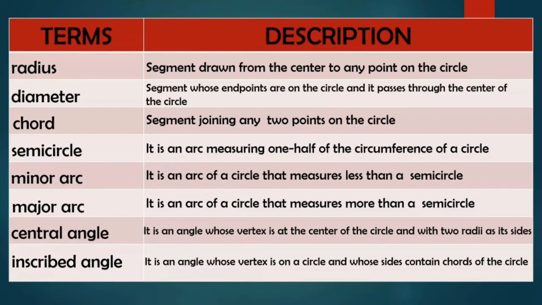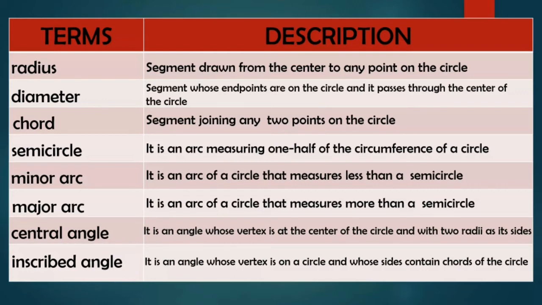A minor arc is an arc of a circle that measures less than a semicircle, or an arc which measures less than 180 degrees. Now the major arc. The major arc is an arc of a circle that measures more than a semicircle, or an arc whose measure is more than 180 degrees.